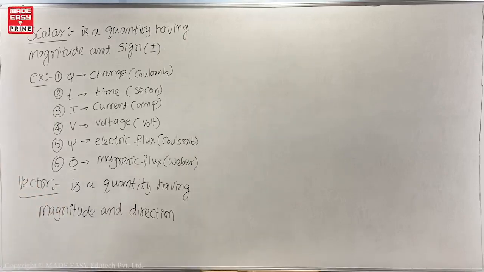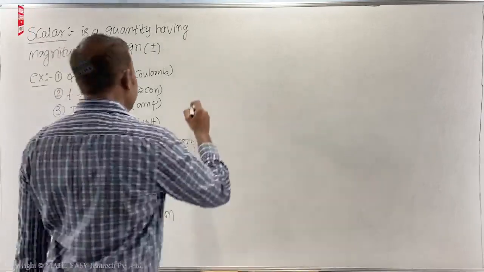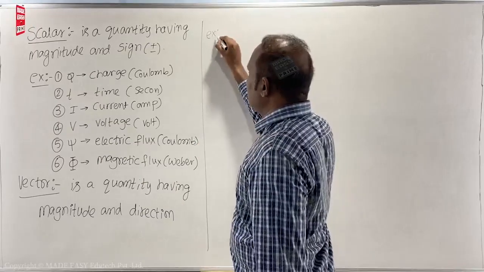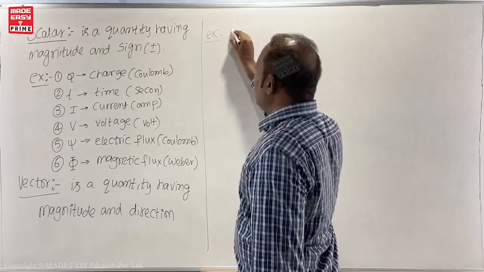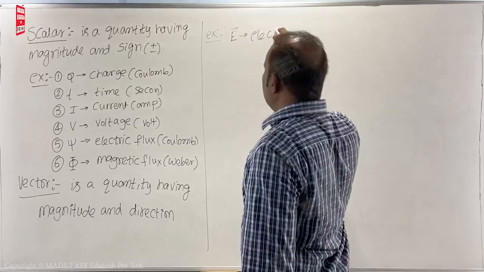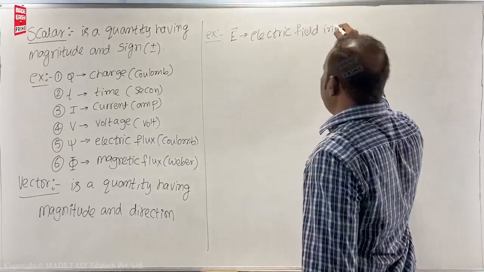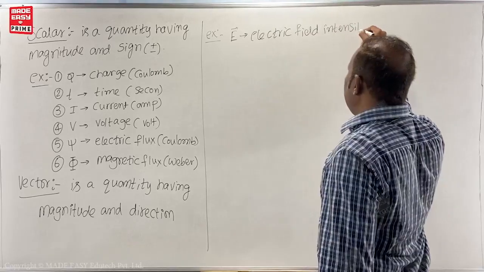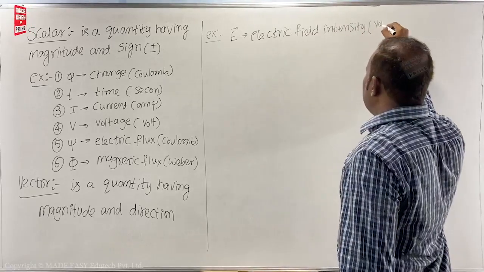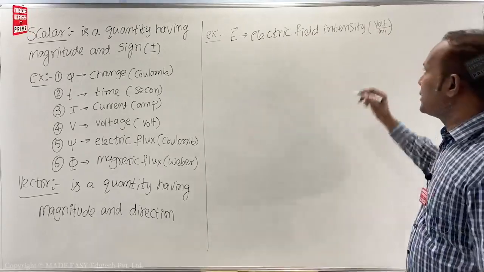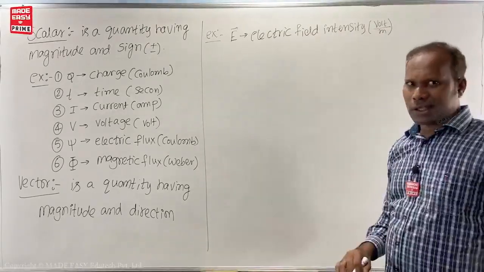So it is a quantity having magnitude and direction. Now let us write examples. E bar, electric field intensity, unit is volt per meter. You remember the names now, units and names. Later on we will discuss them, don't worry.